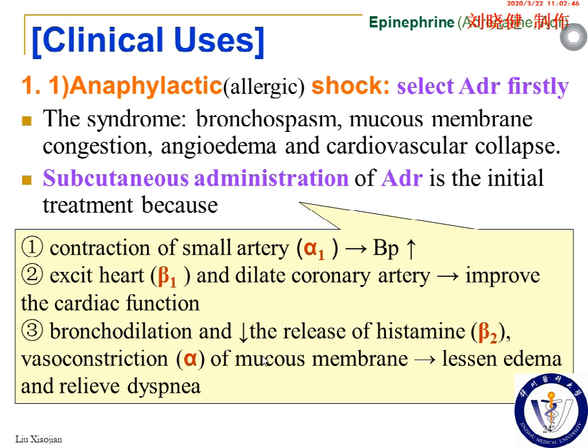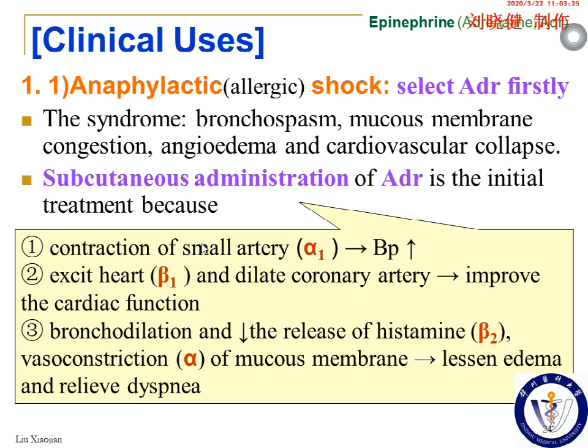So that's why, to correct the bronchospasm, mucous membrane congestion, even angioedema or cardiovascular collapse, this drug takes onset very rapidly. With subcutaneous injection, the effects take onset very fast. So to save the patient's life from allergic shock, using epinephrine is really important.